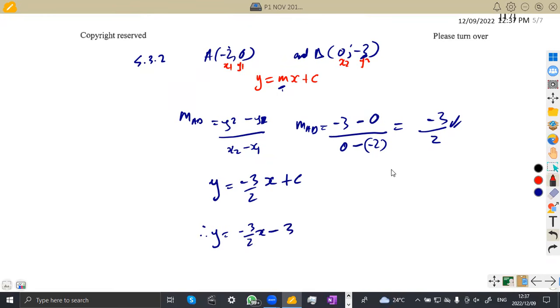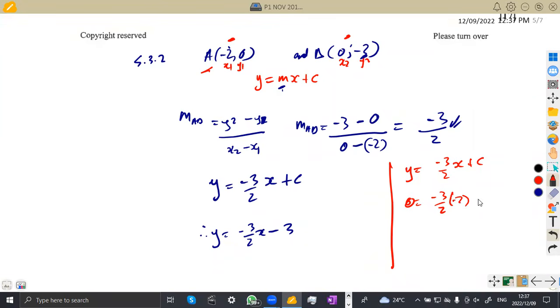All right, let's say you did not recognize that that's your y-intercept. What you're going to do, you substitute any of these points. You can substitute A, you can substitute D, any point. Let's substitute A and see what you're going to have. y is equal to negative 3 over 2 x plus c. So on point A, y is equal to 0, and the value of x is minus 2.